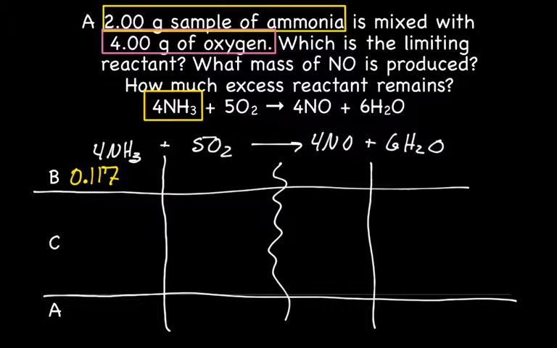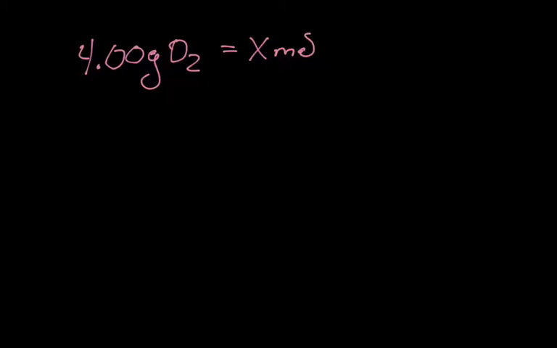We have to do this again for oxygen because we have 4 grams of oxygen. So 4 grams oxygen, oxygen remember is O2, equals X moles of oxygen.